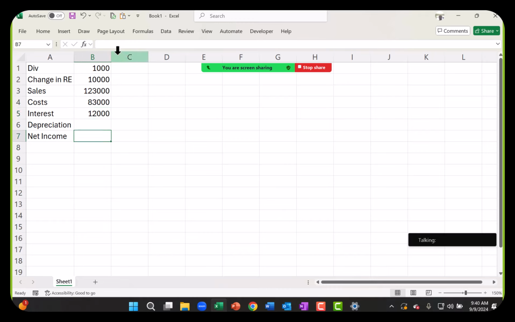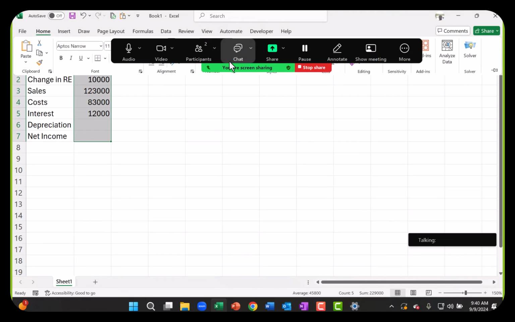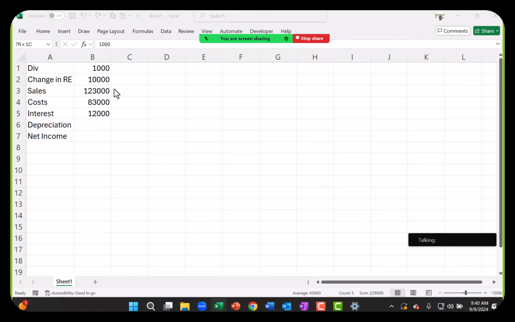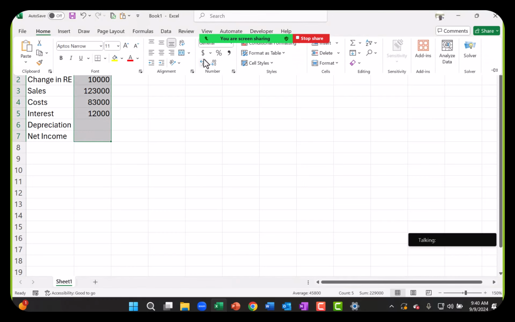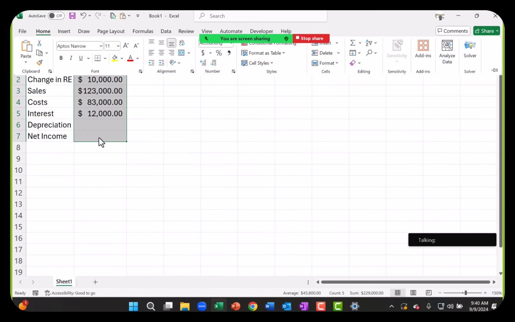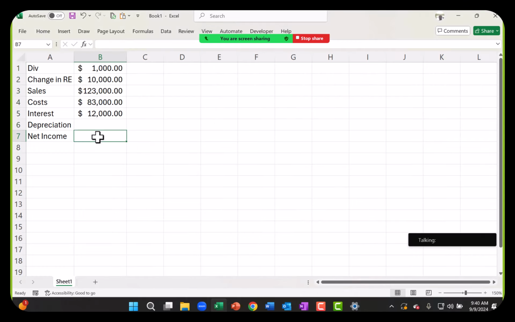I don't know what depreciation is. If I knew what depreciation was, could I calculate net income?